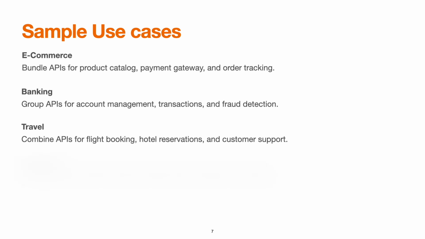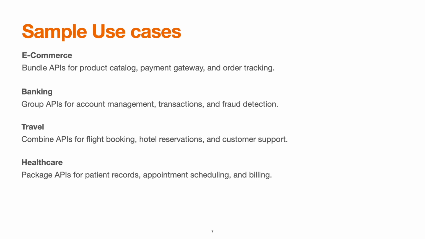And last but not the least, the healthcare API where we package APIs for patient records, appointment scheduling and billing. So all the different categories contain a list of APIs and n number of resources. However, we can create a custom API product with a relevant set of API resources.